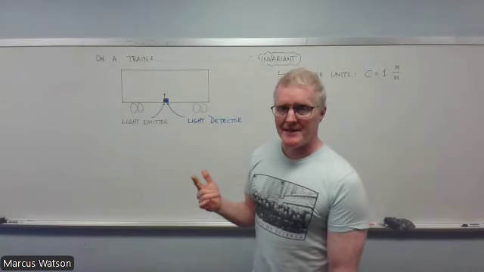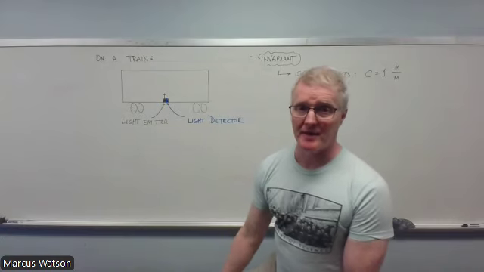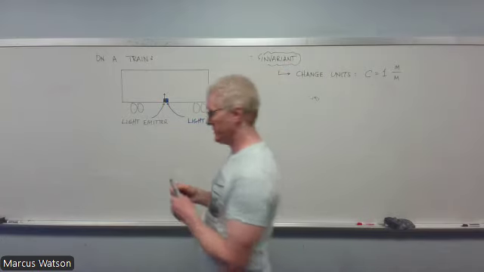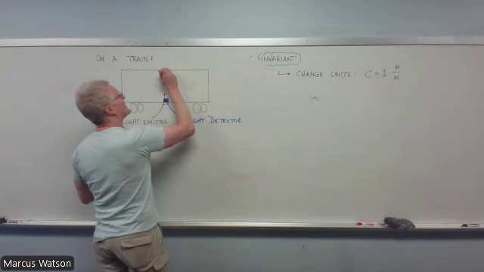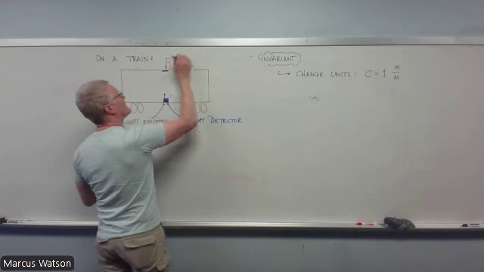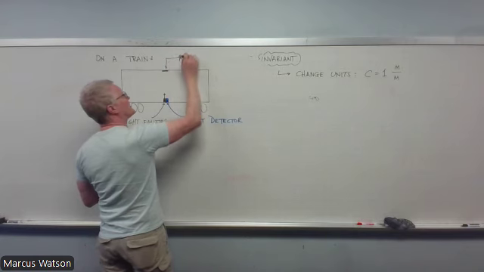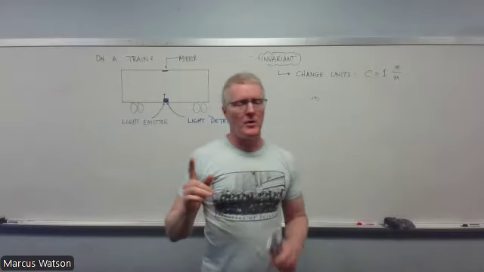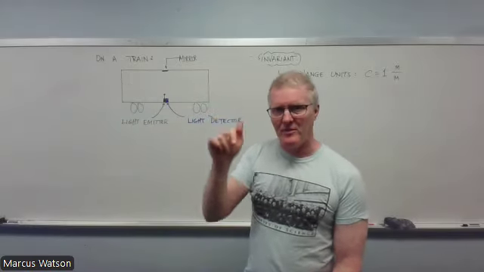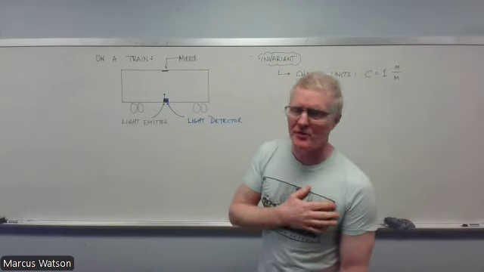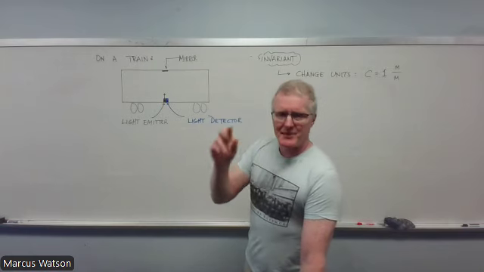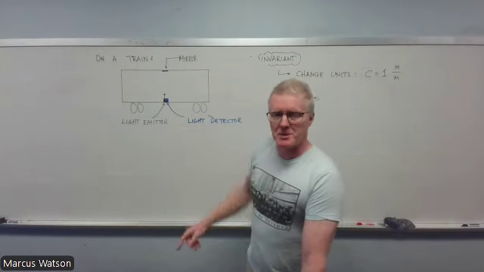Now, in order for the light detector to be able to detect the light, I've got to have it bounce off something at the top of the train, so I'm going to put a mirror up here. I'm going to assume that either the light is going slightly at an angle up and down, but it's essentially negligible in terms of the distance it's going, or the light detector and emitter are basically right on top of each other, so it goes straight up and comes straight down.